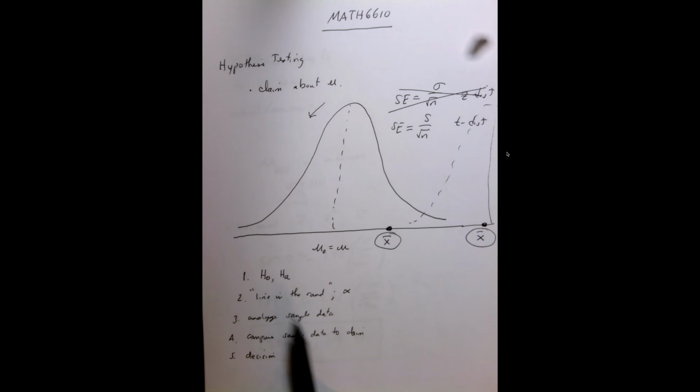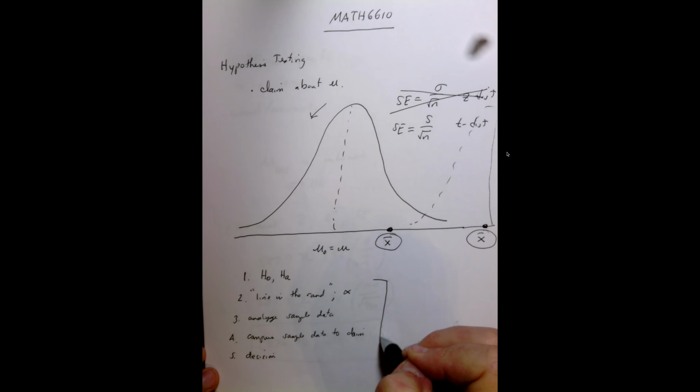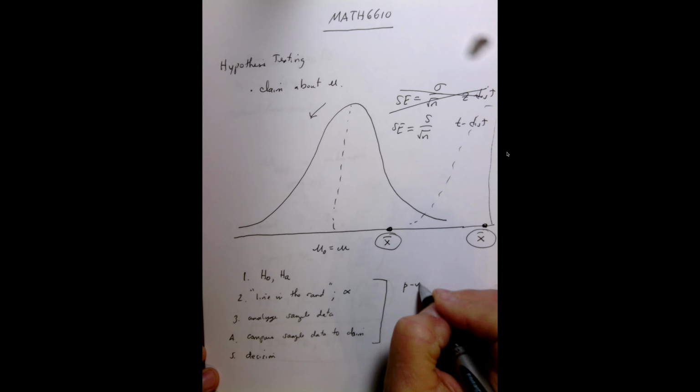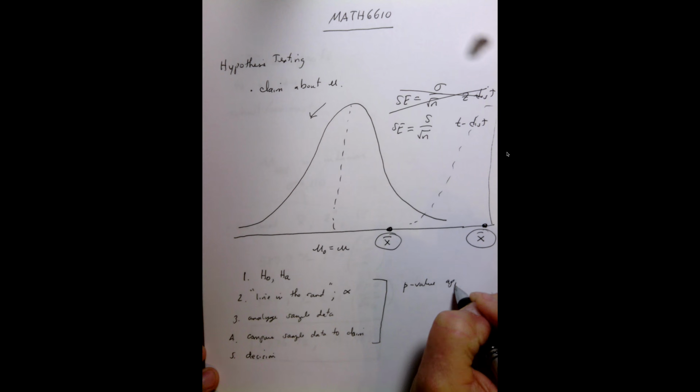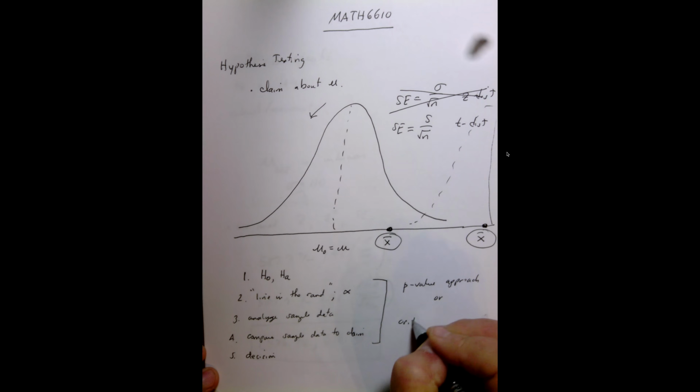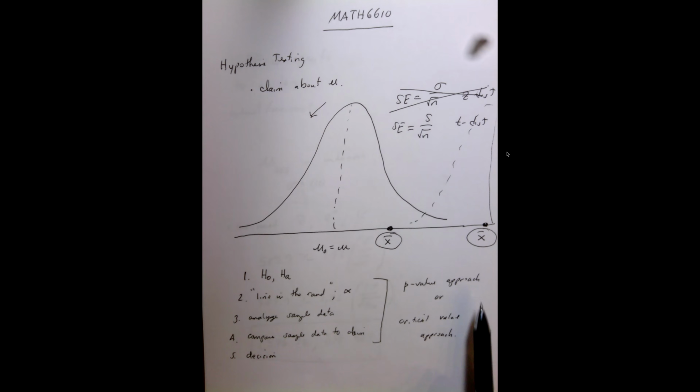Now it turns out that steps 2, 3, and 4 can be done by what's called a p-value approach or a critical value approach. We run into both of these. Primarily in ed research, we use the p-value approach, but I'm going to teach you both of these so you are well equipped.